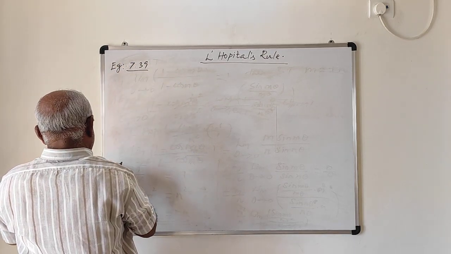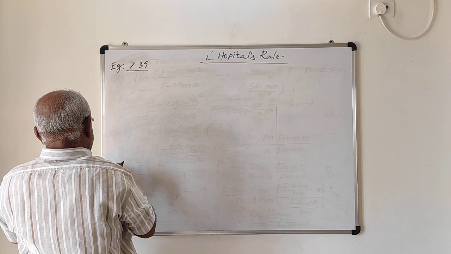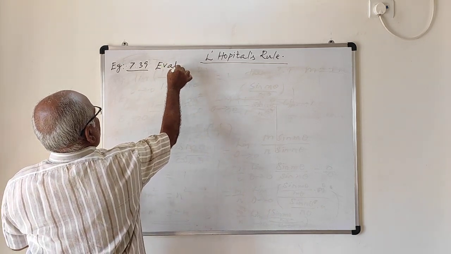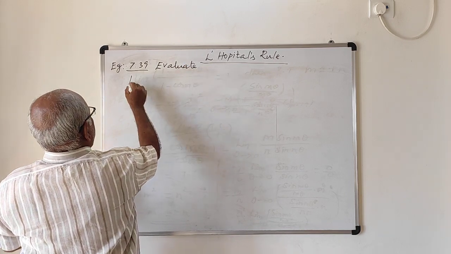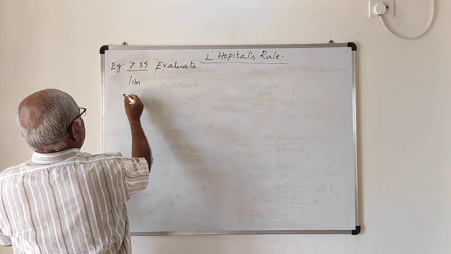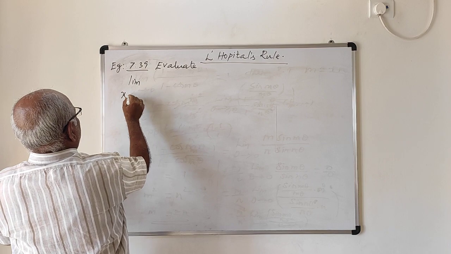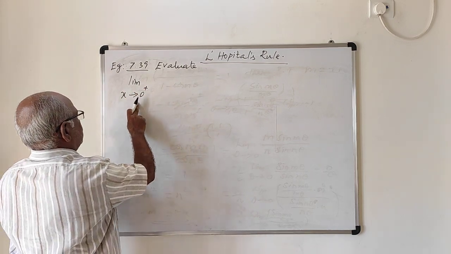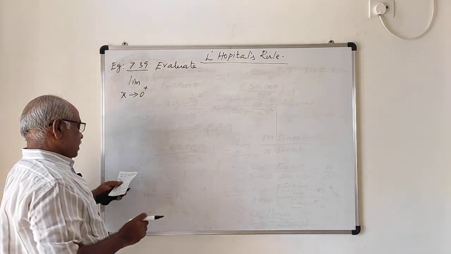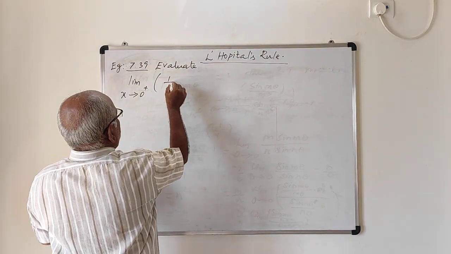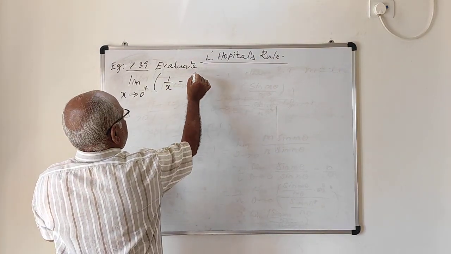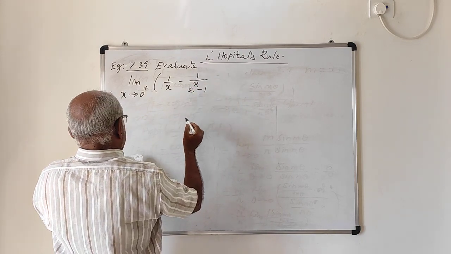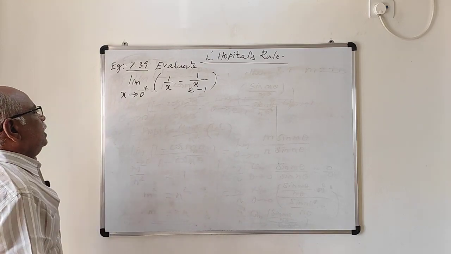Evaluate the limit as x tends to 0 plus, that means the positive side of 0. The limit approaches 0 from the positive side of 1 by e power x minus 1 minus 1 by x. We have to find the limit value.